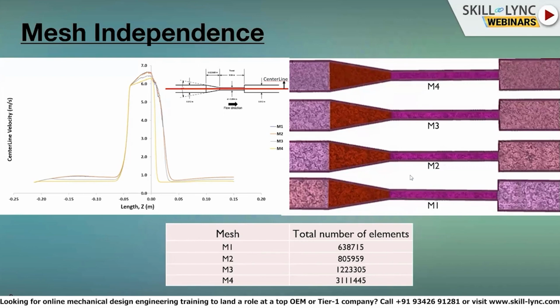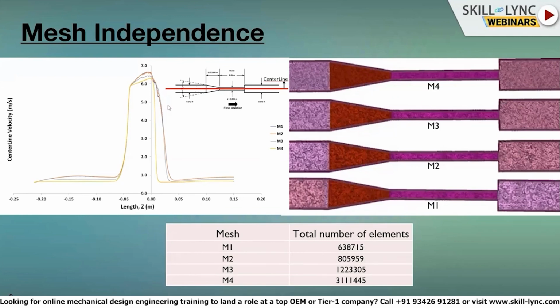The only difference in M1, M2, M3, M4 is the total number of elements in this domain. M1 has about 6.3 lakh elements, M2 8 lakh, M3 1.2 million, and M4 3.1 million. So these four have different numbers of elements in increasing order.